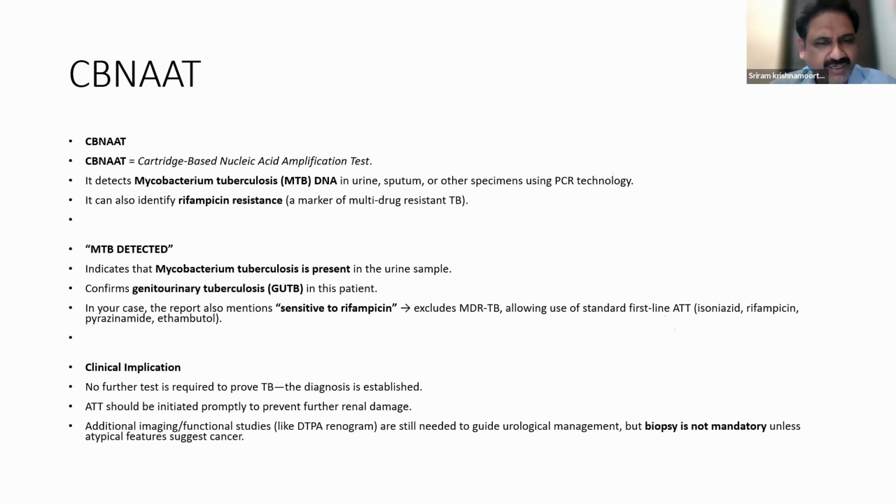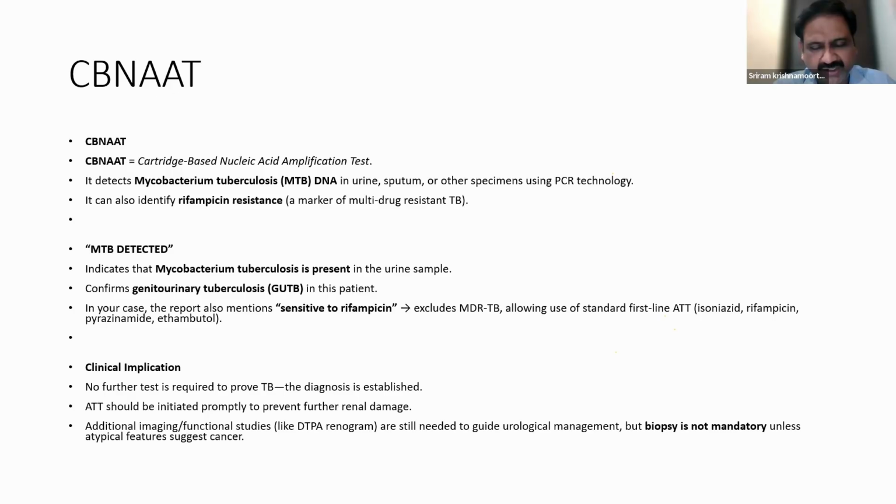Number two, the CB naught report will also tell you whether that particular mycobacterium is sensitive or resistant to rifampicin. Rifampicin is a very important drug in anti-tuberculosis therapy, as we all know. If Mycobacterium tuberculosis is sensitive to rifampicin, it will be sensitive to INH also, more than 90 to 95% of the times.